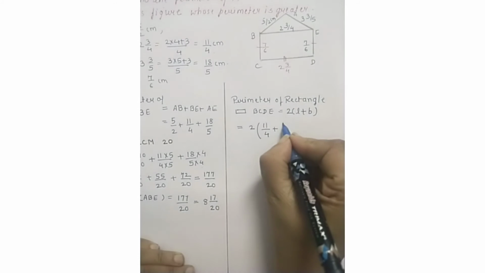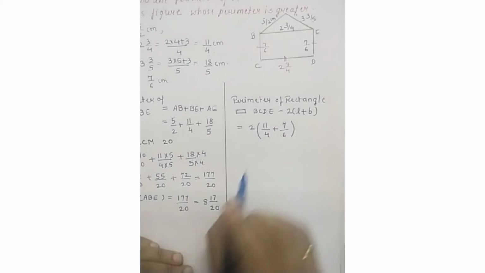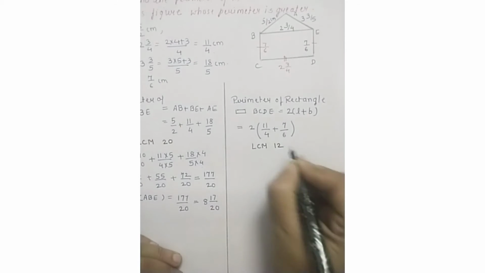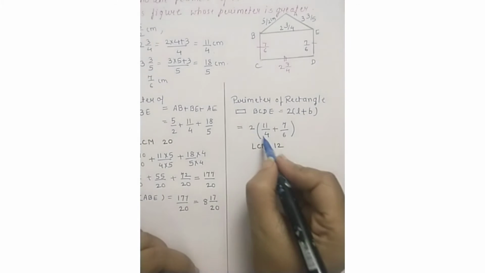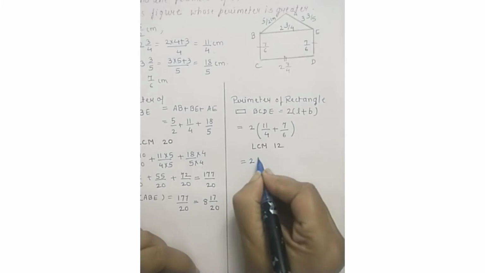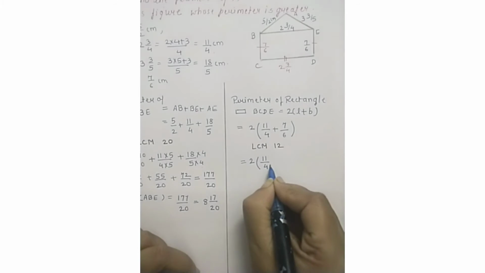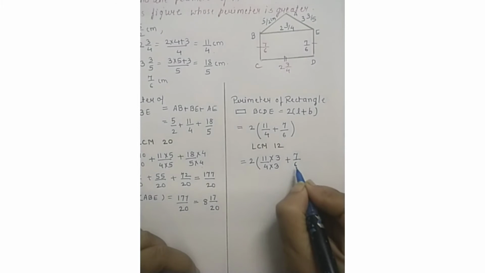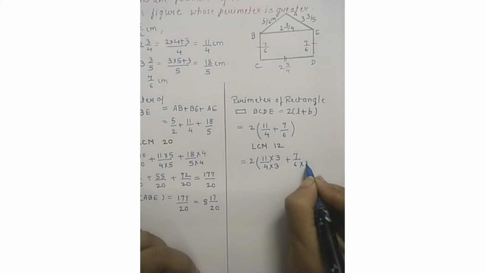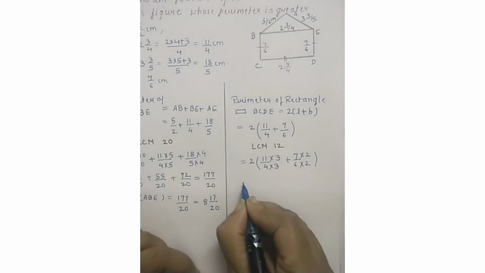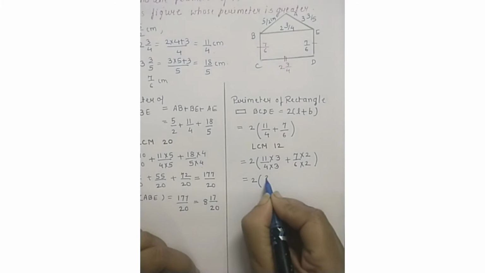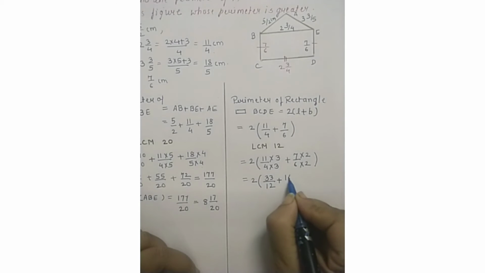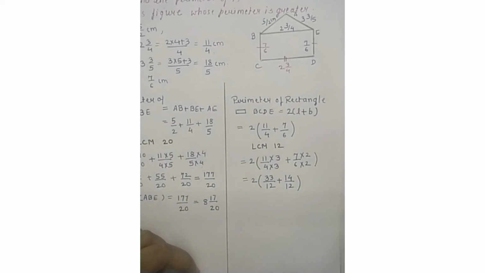This 7 by 6. Now your LCM is 12. To convert it to 12, I will multiply by 3 up and down, plus 7 by 6, multiply by 2 up and down. So it will become 2 times 33 upon 12 plus 14 upon 12.